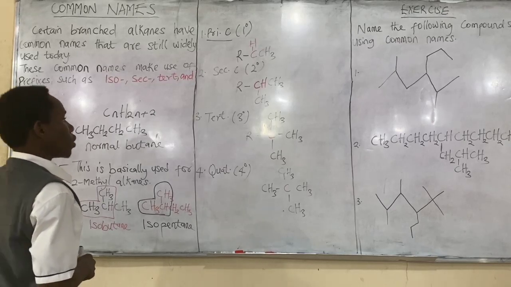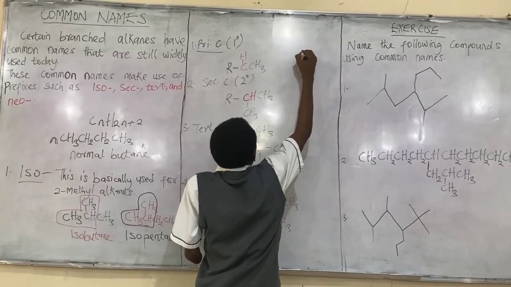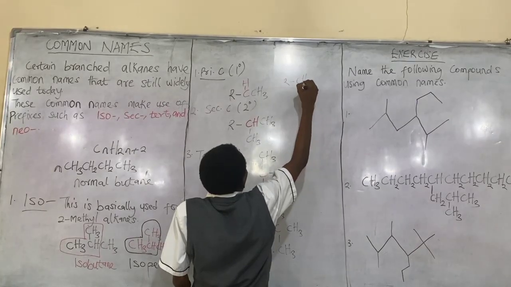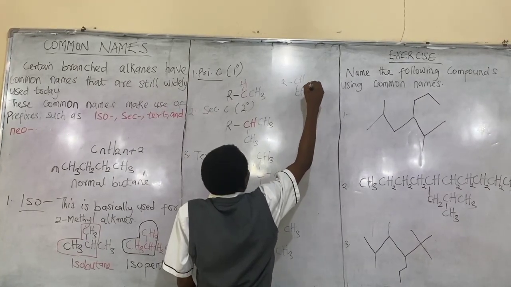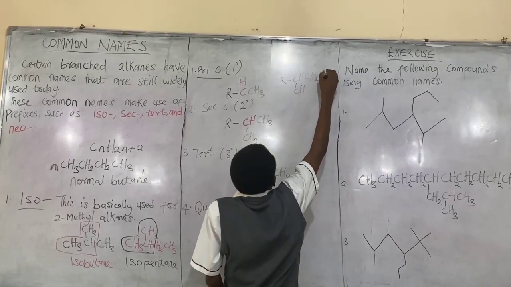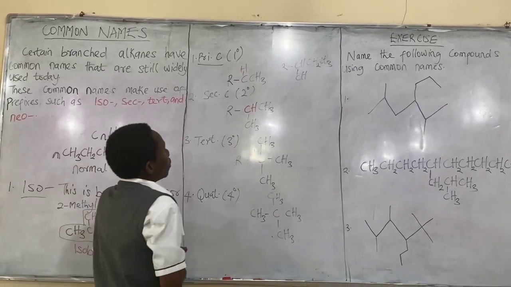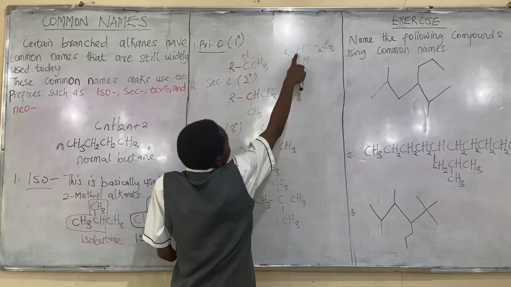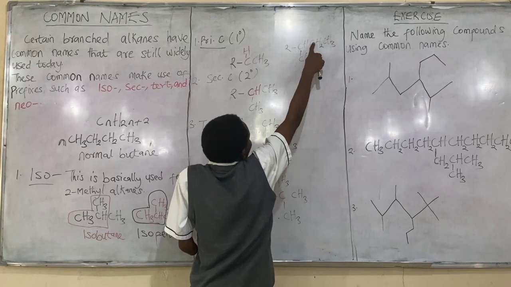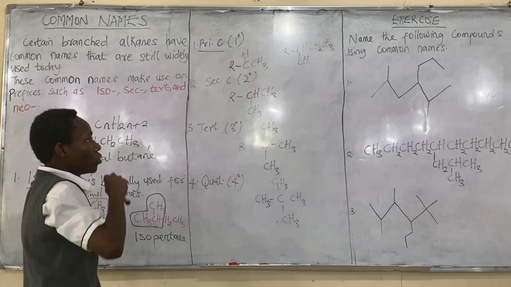For example, if we have something like this, let's say we have our CH, our CH2 and then our CH3. This particular carbon atom, which has the substituent attached to it, also has carbon 1 and carbon 2. It has 2 carbon atoms attached to it.